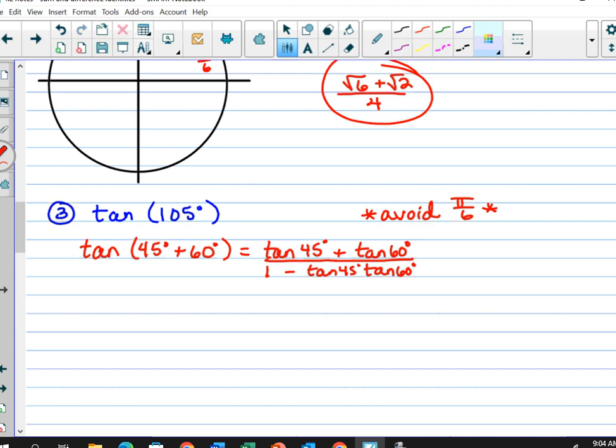So what is tangent of 45? 1. What is tangent of 60? Root 3 over 1 minus 1 times root 3.